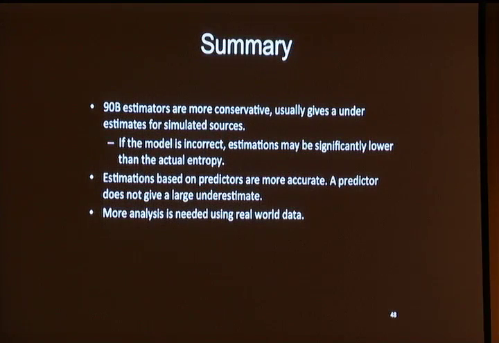But at the same time, there are some situations that the current 90B tests are unable to catch, and in those cases we were able to show some cases where it gives very significant upper estimates, higher overestimates too. And we see that estimators based on the predictors are more accurate, closer to the actual entropy line.